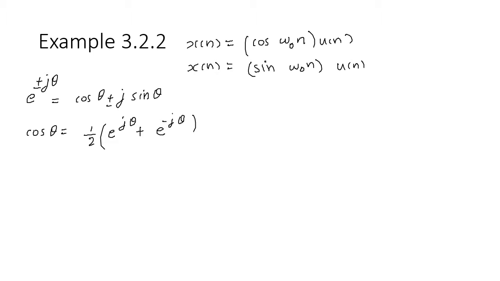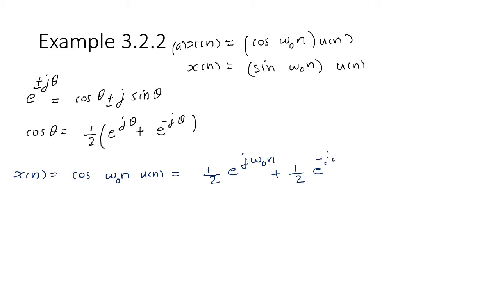Therefore, one can write the signal x of n, which is cos omega 0 n u of n, as half e raised to j omega 0 n plus half e raised to minus j omega 0 n. Fine.